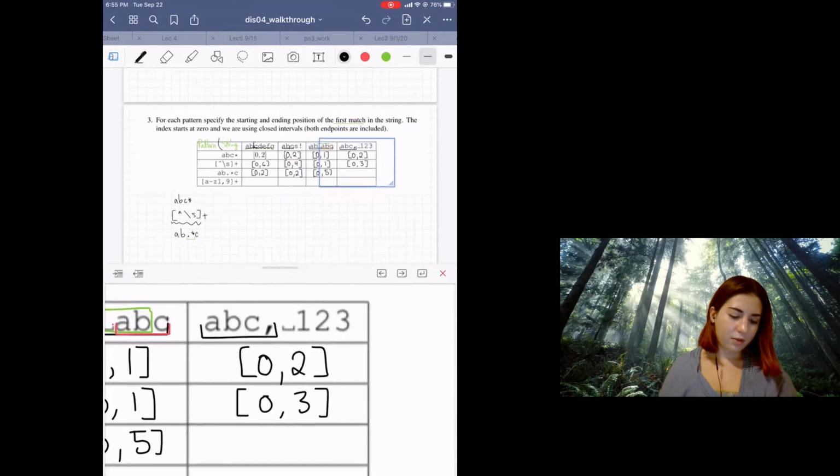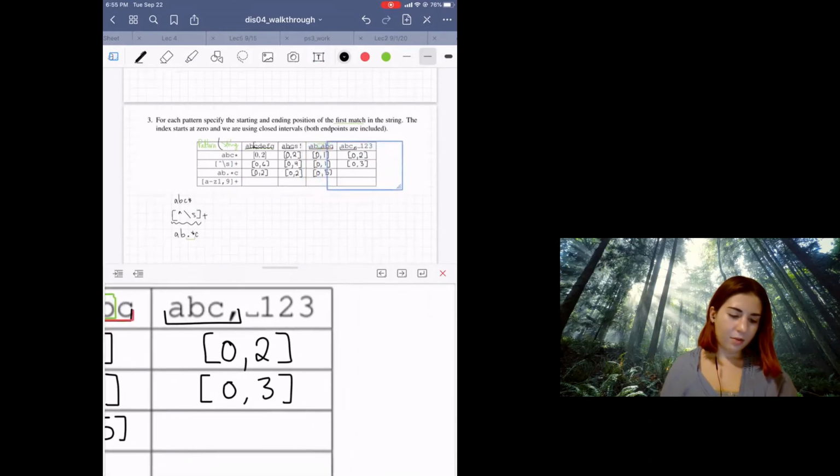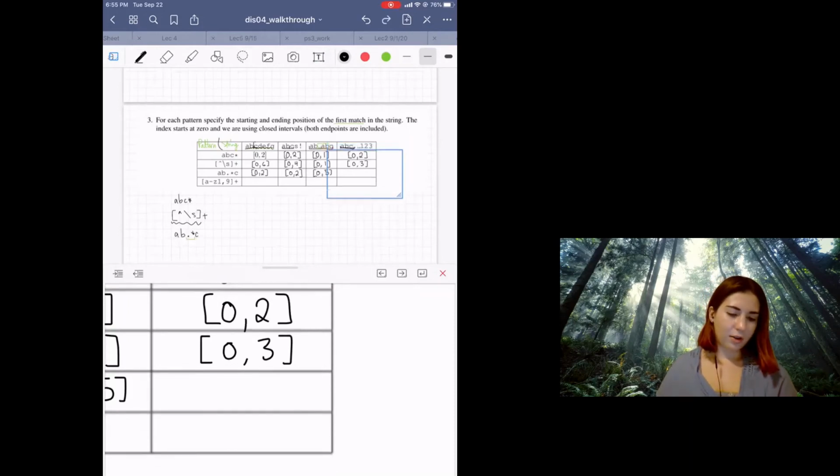Now finally, we have our last string, but in here we see only ABC that matches for sure because there is, again, no C at the end. So our pattern cannot match any other string segments. So we will take just 0 through 2.